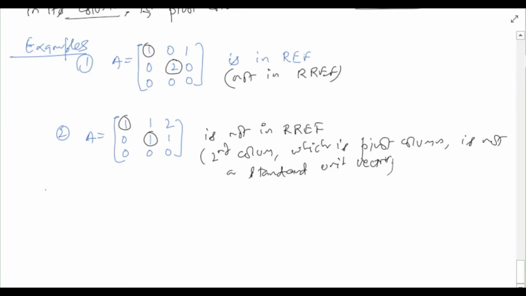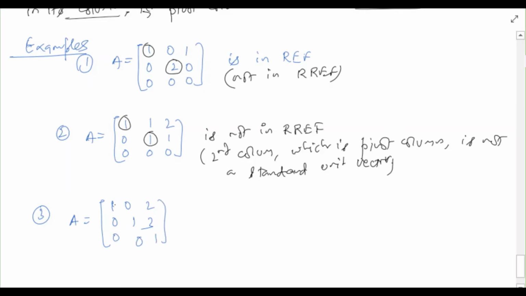Let's see one more example. Now A is 1, 0, 2, 0, 1, 3, 0, 0, 1.